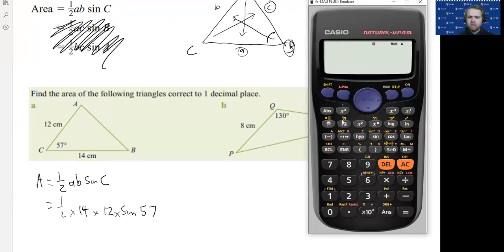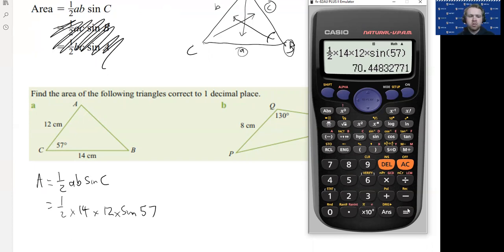So we go half times 14 times 12 sine 57, and then pop that in. You can put a times in front of the sine if you would like, but your calculator will recognize that you're multiplying.